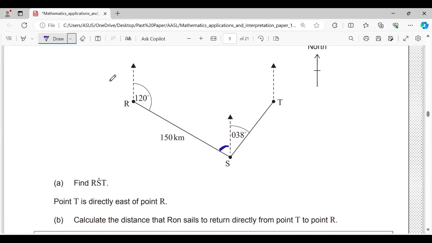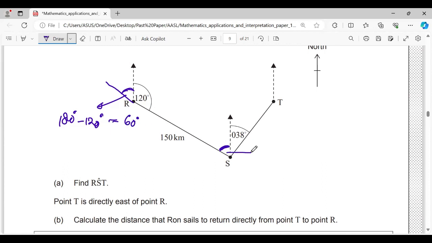So if I create a straight line here, this angle equals this angle. So the angle is 180 minus 120, and it is 60.